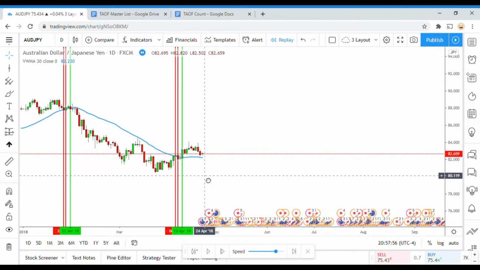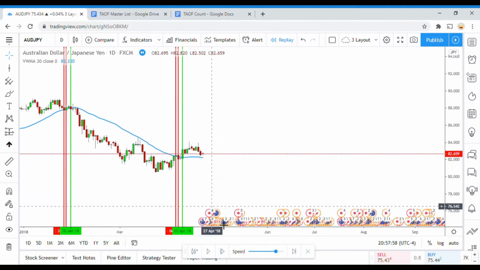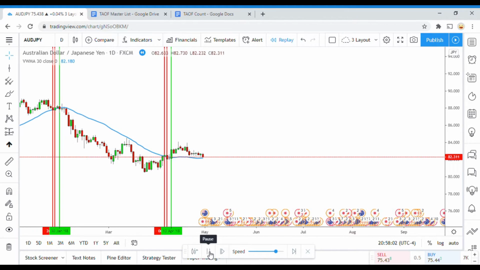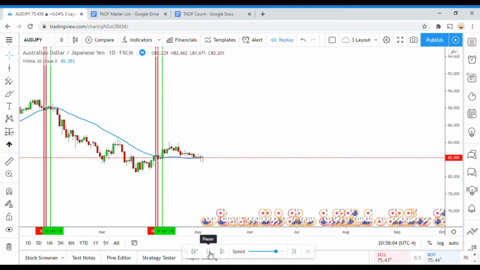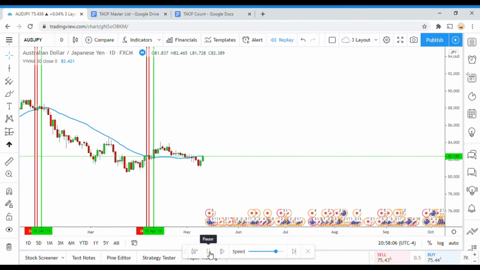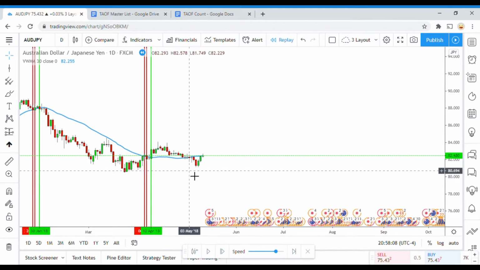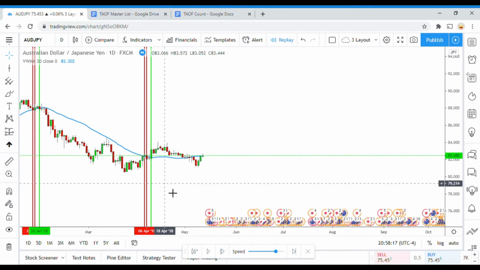You have lots of people who see it as a break and confirmation to take that new trend. And then you have a lot of people who see it as a reversal, that as soon as it hits this moving average, it's going to turn around and shoot back in the opposite direction.